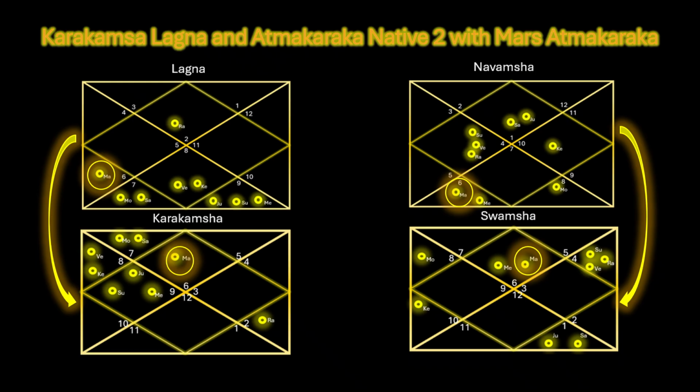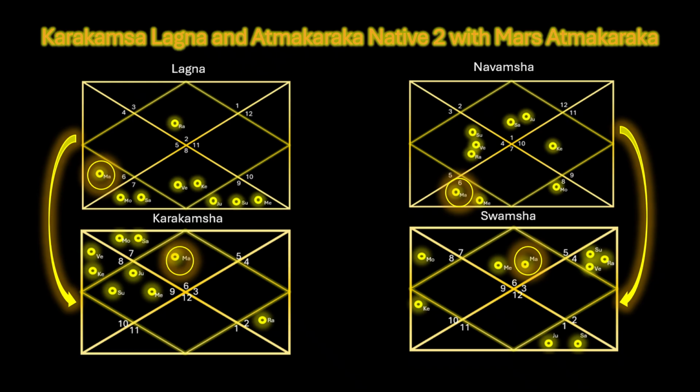So starting from 1 being Aries, 6 means it is in Virgo. And this Virgo Atma Karka is Vargotama as well. Vargotama means that it is in Virgo Rashi in the Lagna chart, in the birth chart, in the ascendant chart, and also in the Navamsha chart, it is in Virgo Rashi only. So it is Atma Karka.